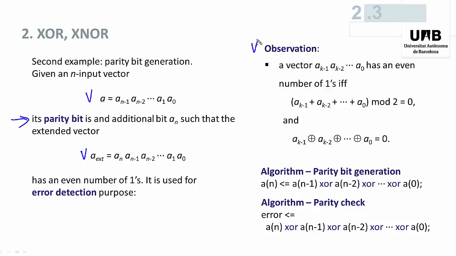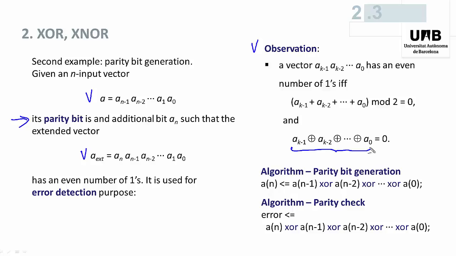Consider a k-component vector, ak-1, ak-2, and so on, down to a0. This vector has an even number of 1s if, and only if, the modulo 2 sum of all its components is equal to 0. That is to say, if the XOR function of all its components is equal to 0.